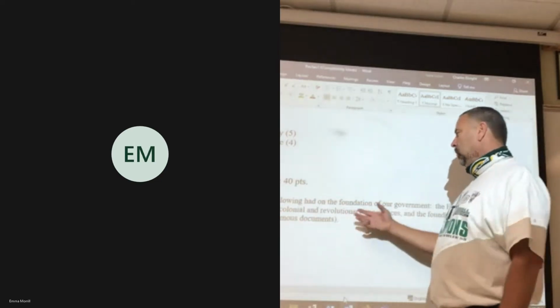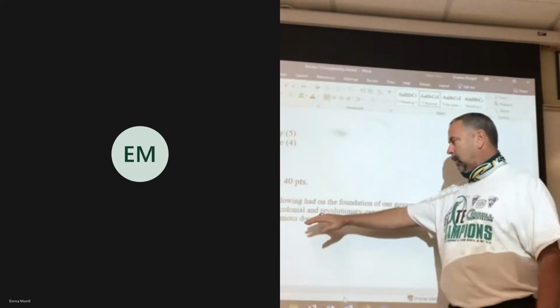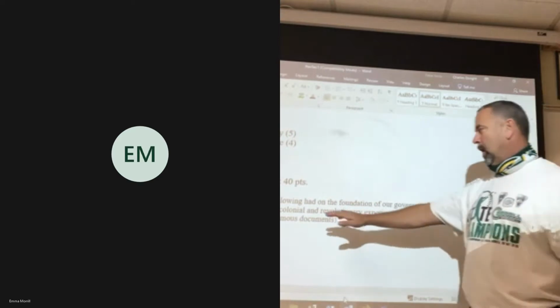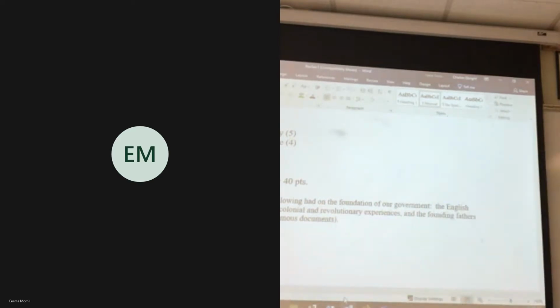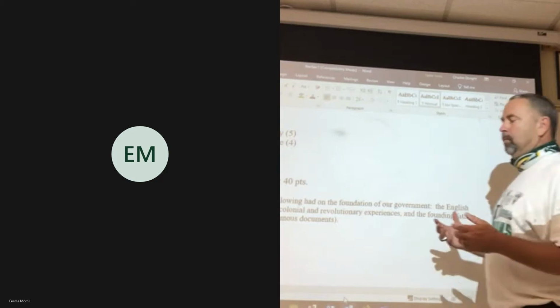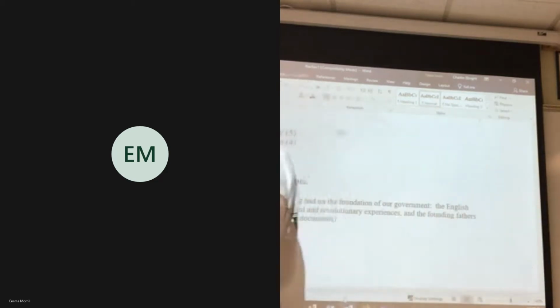So the Colonial and Revolutionary, you can do these in separate paragraphs, or you can build that paragraph together. The Colonial, you go back to, obviously 1607, Jamestown, moving through 1760, that era of salutary neglect. 3 types of colonies: royal, proprietary, and independent.